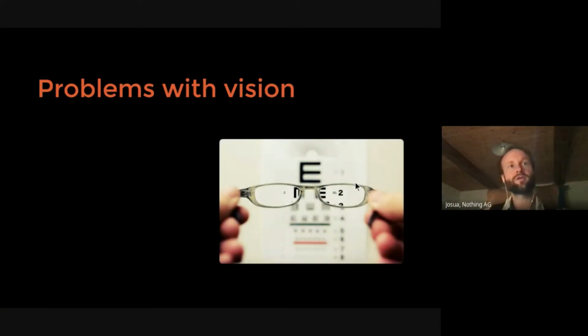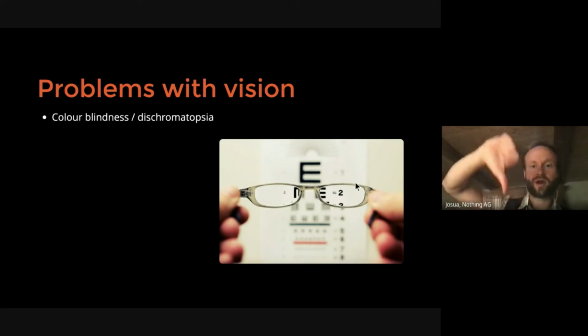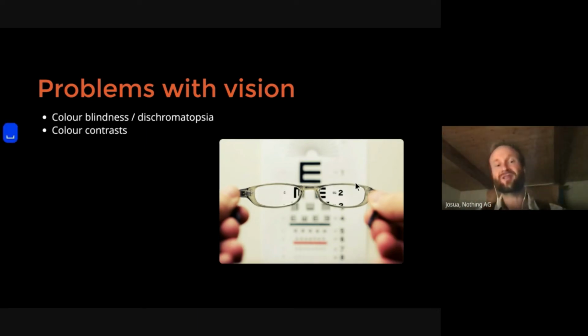Let's have a deeper look at some problems with vision. There are people who cannot perceive any colors. So they might, for example, not be able to differentiate between a red and a green icon. And already color could convey some information, like in stock or out of stock. A very important one, color contrasts.